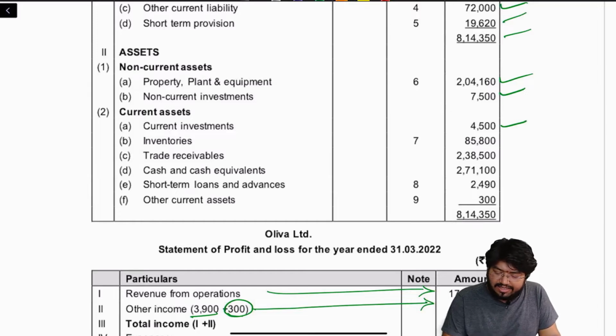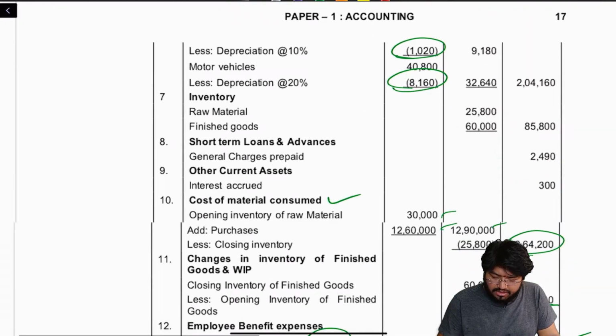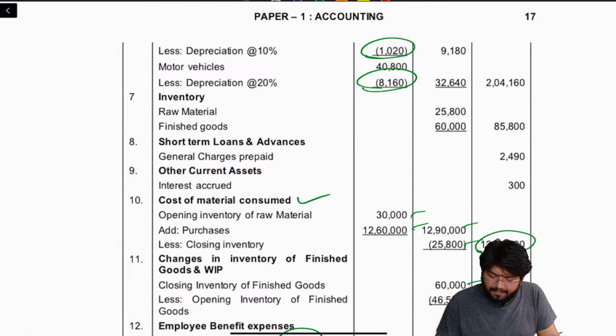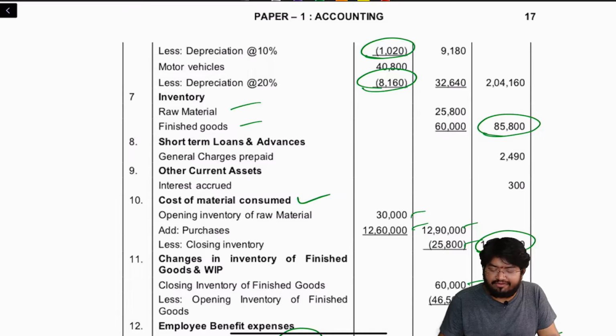And then inventories 85,800. This is based on the inventories you have. Raw material plus finished goods put together is given here as 85,800. All right. And then you have general expenses prepaid to the tune of 2,490.